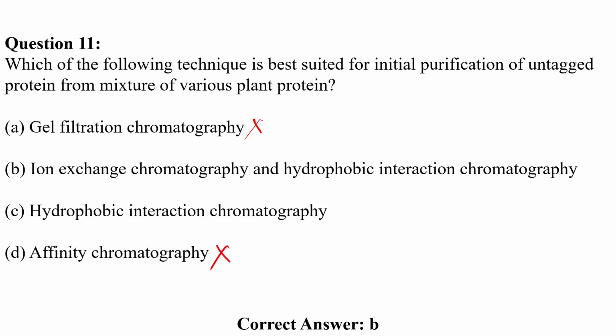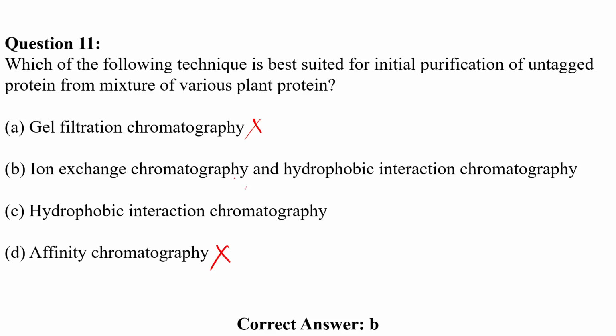It's not like different proteins are very different in size and will elute as single peaks, so you will get poorly resolved peaks. That's why gel filtration is not a good option. So we have ion exchange and hydrophobic interaction. Only hydrophobic interaction will also not give you that level of purification.